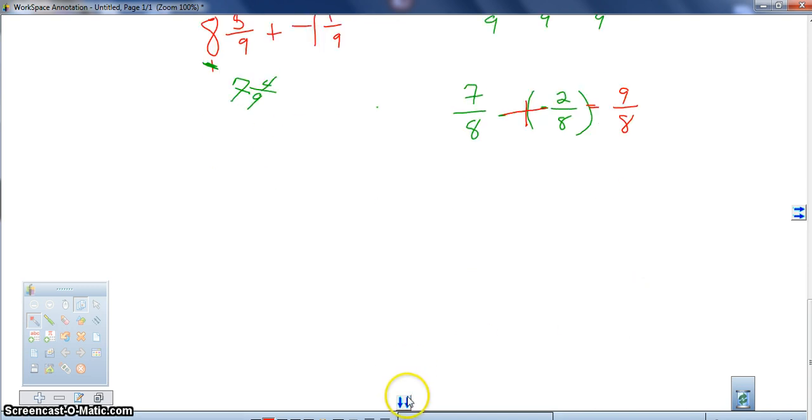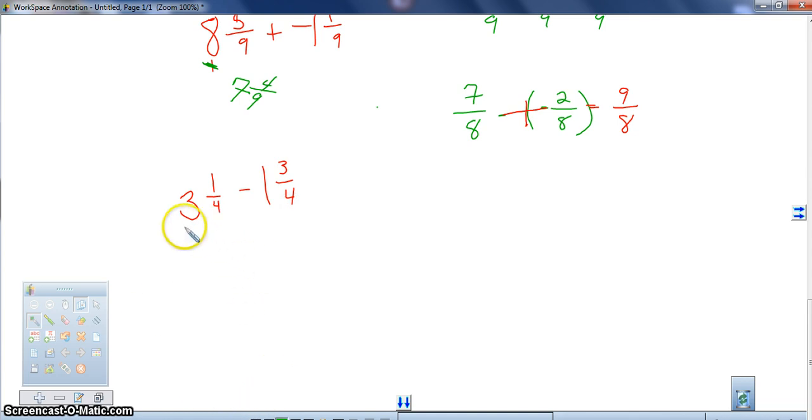Now the only thing that happens when you're subtracting that you have to be careful with is sometimes you have a bigger number. So like, let's say I have two mixed numbers, 3 and 1/4 minus 1 and 3/4.